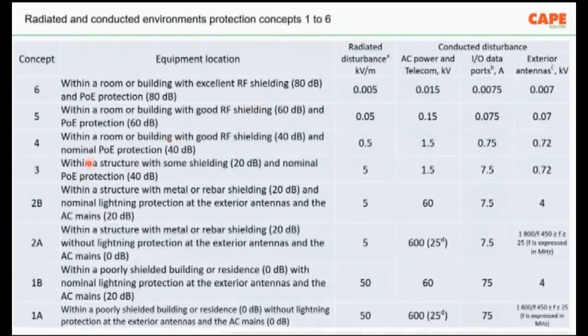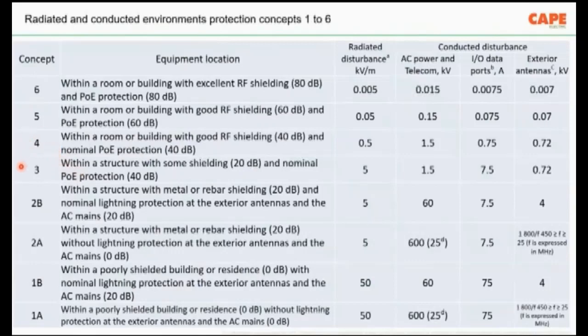Now, if we have a good quality electrical building which is supporting modern electronic equipment, preferably concept 3 or 4. This chart is actually from IEC 61000, with concepts 2, 3, 4, and 5. They recommend this kind of protection scenario for protection of buildings or electronic equipment in buildings, civilian facilities.